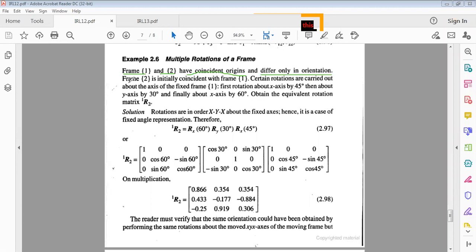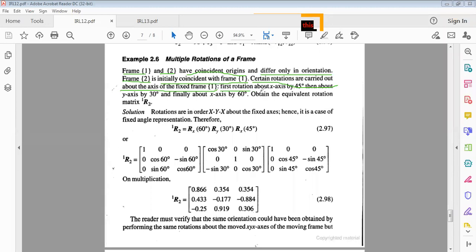Frame 2 is initially coincident with frame 1, so all axes of frame 2 and frame 1 are coincident initially. Here certain rotations happen about the axes of the fixed frame 1.